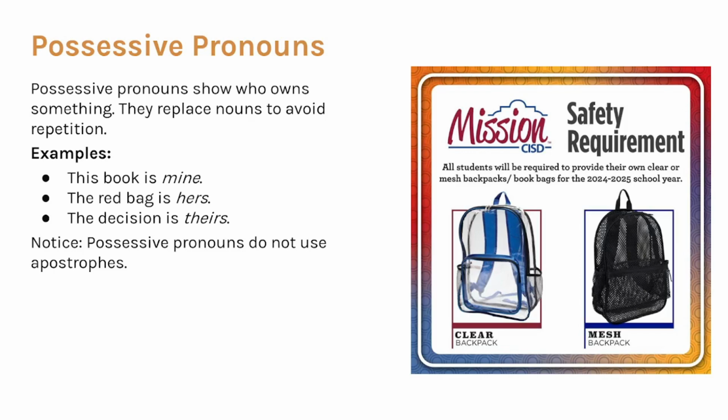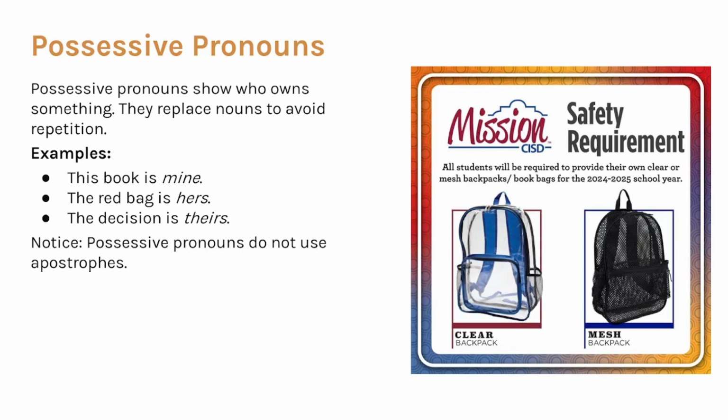Possessive pronouns show who owns something. They replace nouns to avoid repetition. In simple terms, possessive pronouns show possession, something that belongs to someone. Like when you say, the book is mine, the red bag is hers, the decision is theirs.